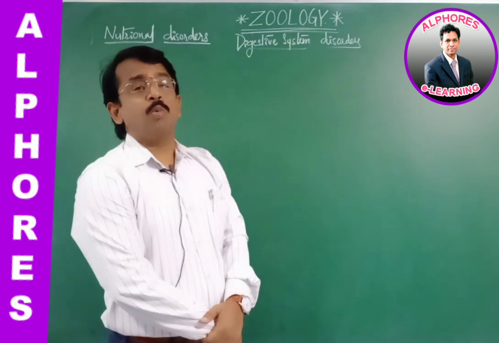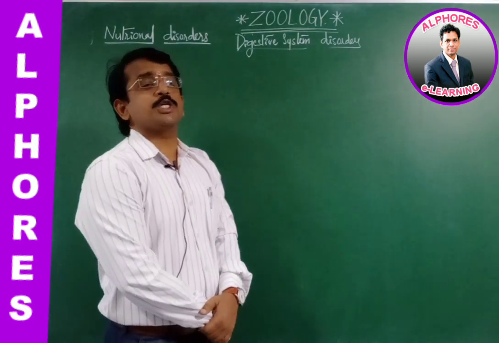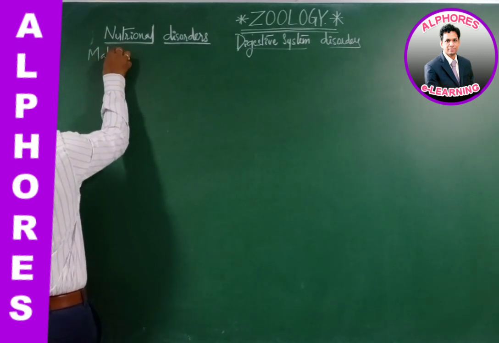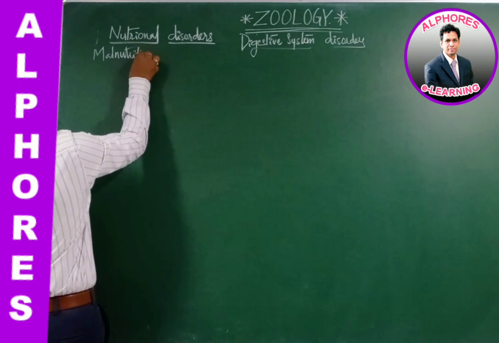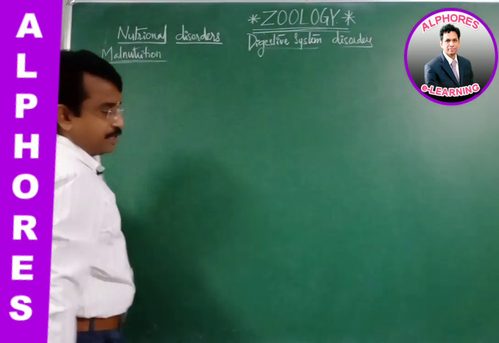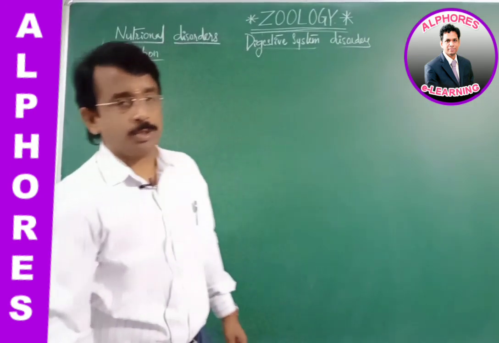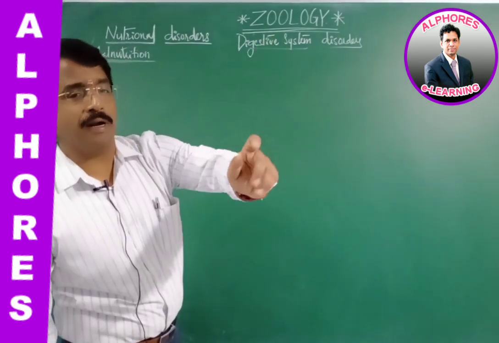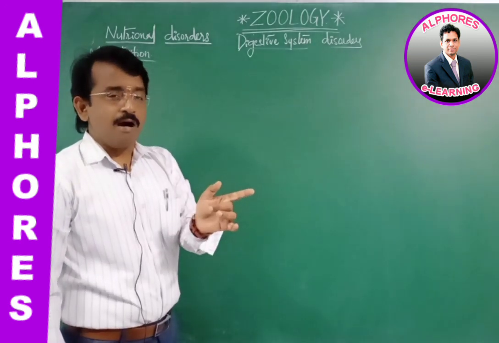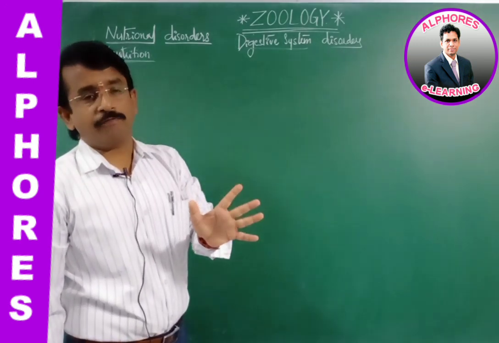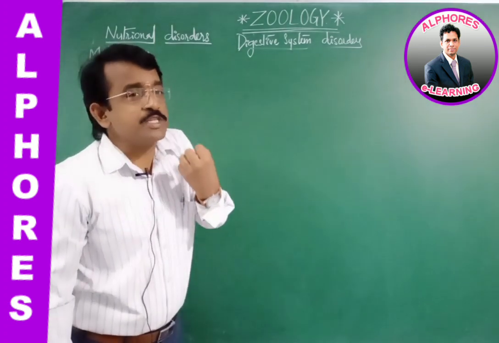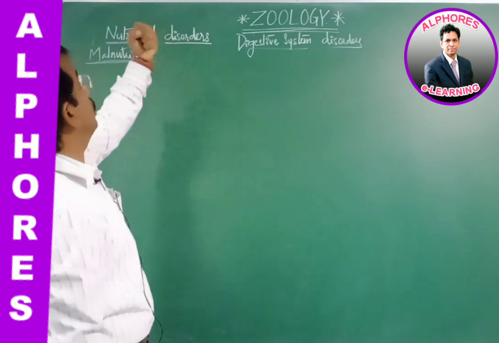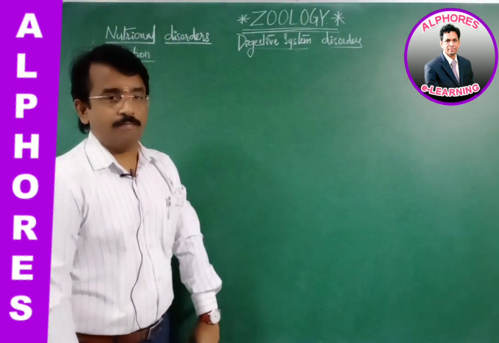This is said to be malnutrition. What we consider here is malnutrition. That is, either the deficiency of the nutrients, or excessive taking, or else a lower taking. That is, undertaking of the food, over or excessive taking, or deficiency, all are discussed under the nutritional disorders.